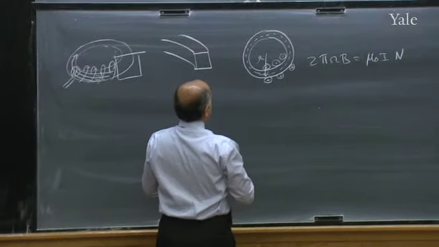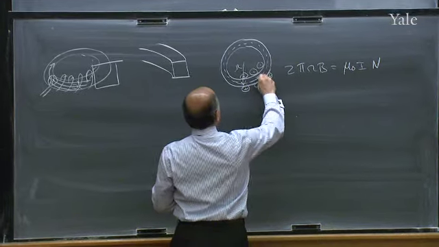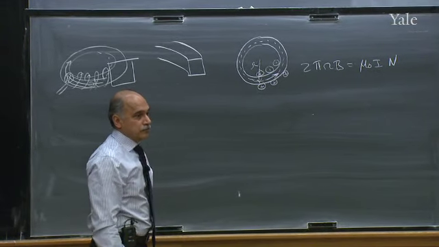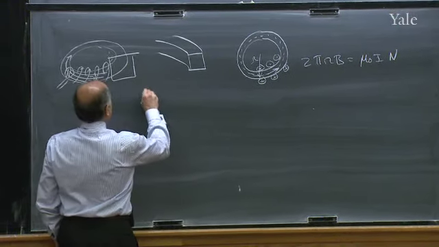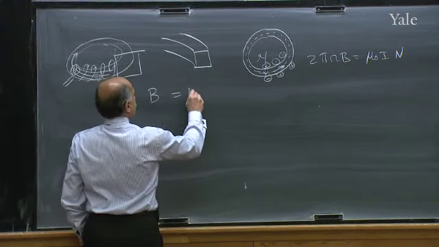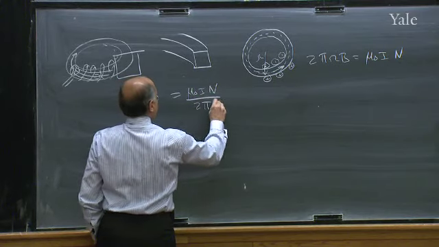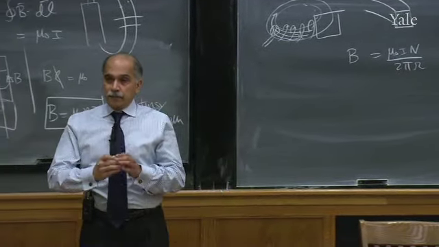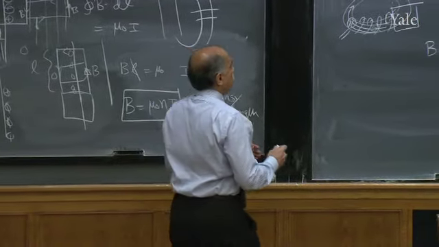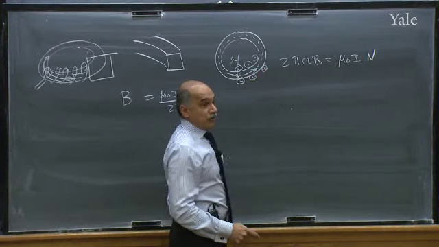And as far as the direction is concerned, it will go like this. The field will go this way. So the magnetic field here is mu 0 I n divided by 2 pi r. The field actually gets weaker, so that if you cut this donut, the field on the inner rim will be stronger than the field on the outer rim.